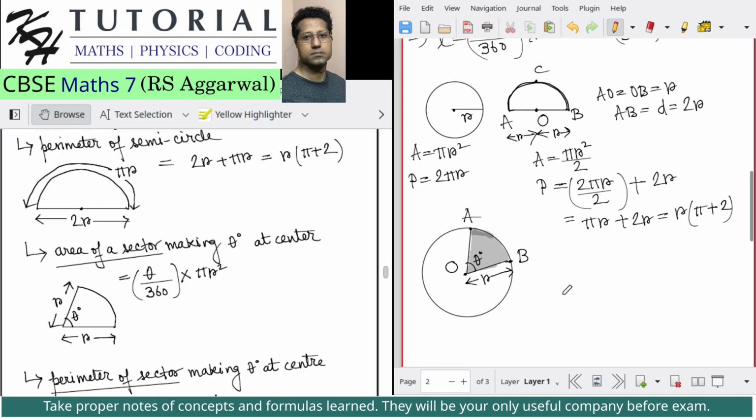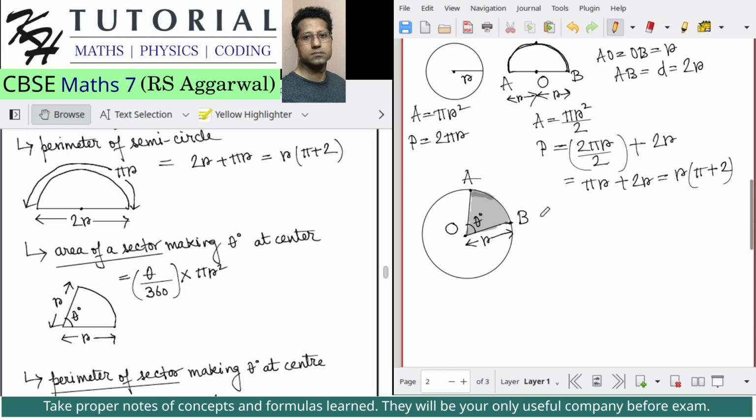Now the way we will find the area of the shaded region will be the same as we found the length of the arc. We know that the concept is the same, applying the unitary method. If the theta degree was 360 degree, then this shaded region would have been the entire circle, and we know the area of the entire circle is pi r square.